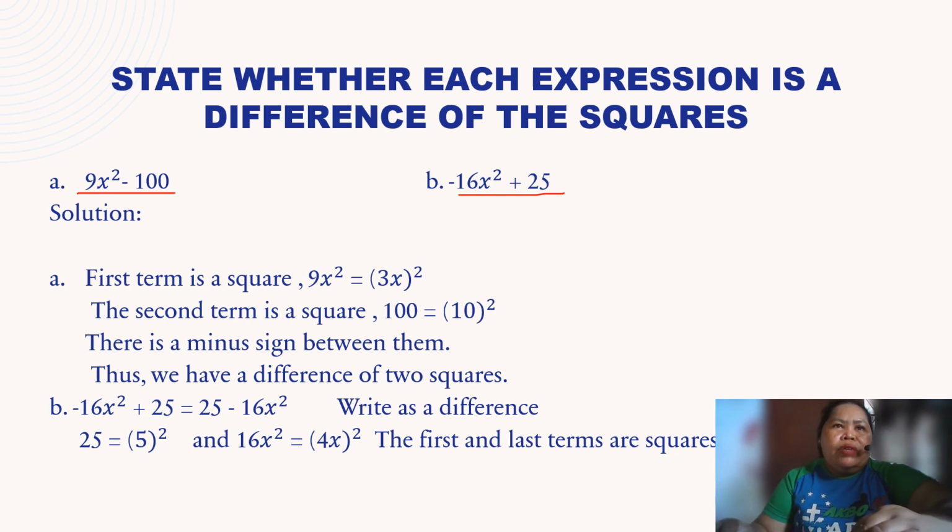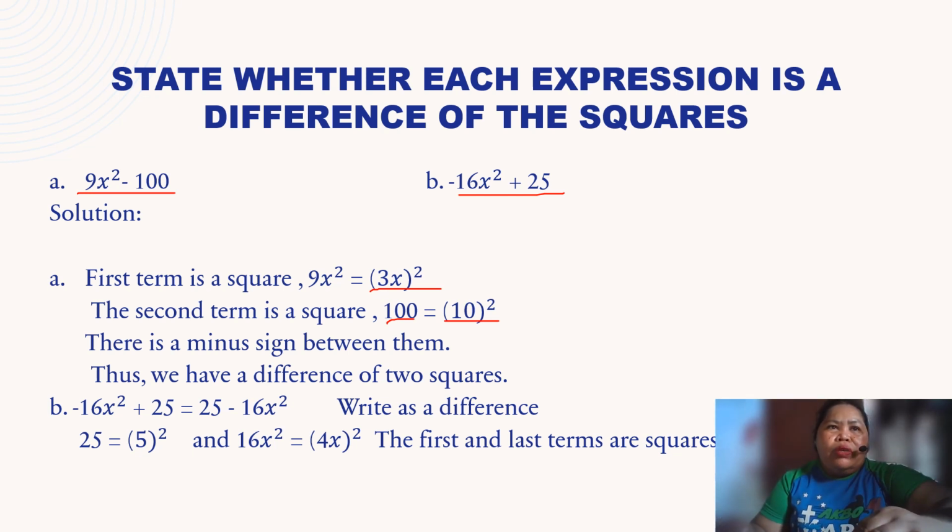So the first term is a square. Why? Because 9x squared becomes (3x) squared. And the second term is also a square because 10 times 10 is 100. There is a minus sign between them, so we have the difference of two squares.